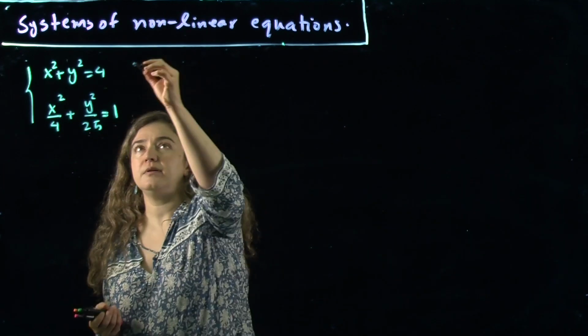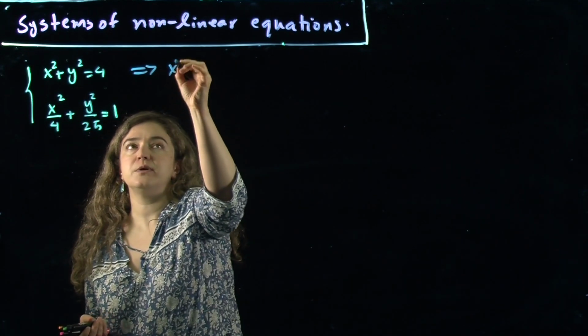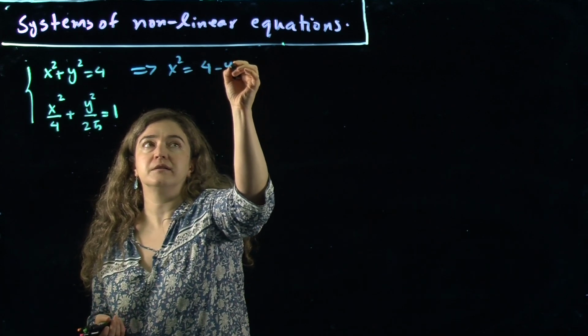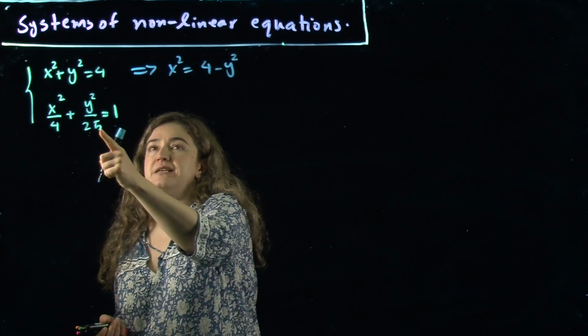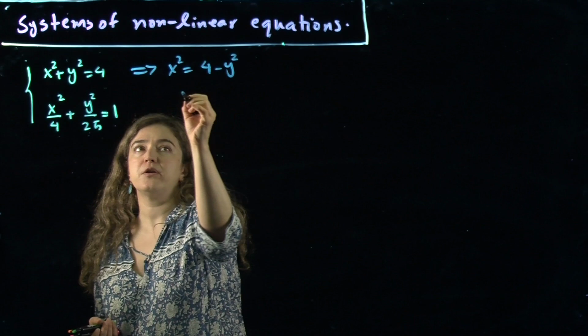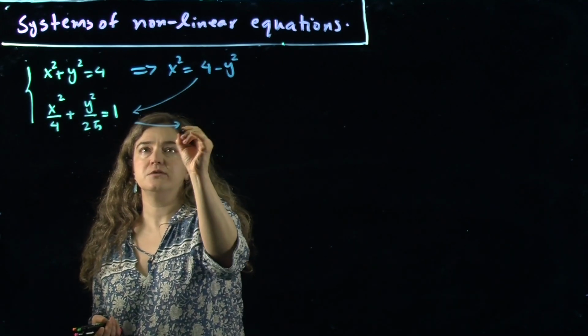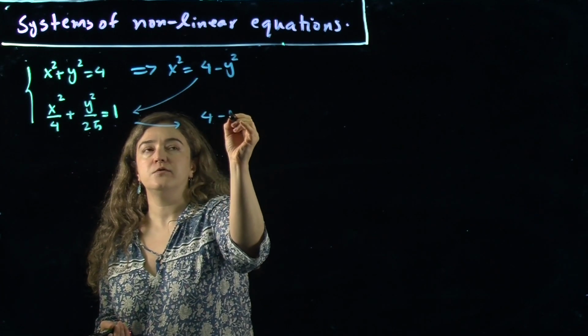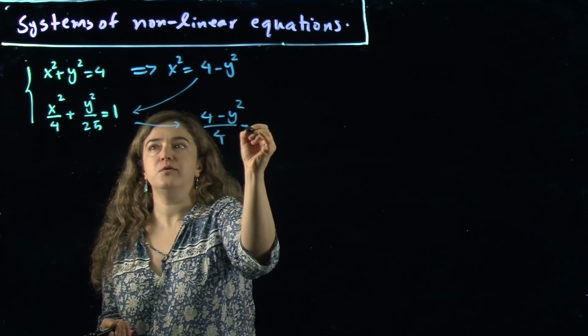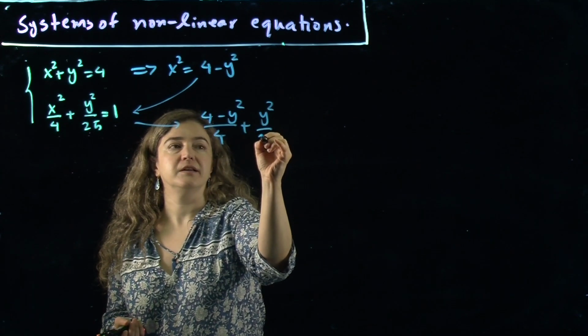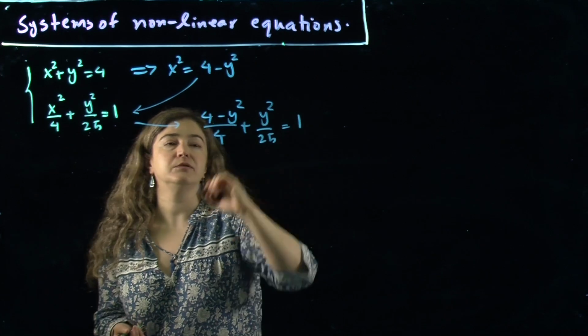So up here, I solve for x squared. Then I replace x squared in the bottom equation to get (4 minus y squared)/4 plus y squared/25 equal to 1.